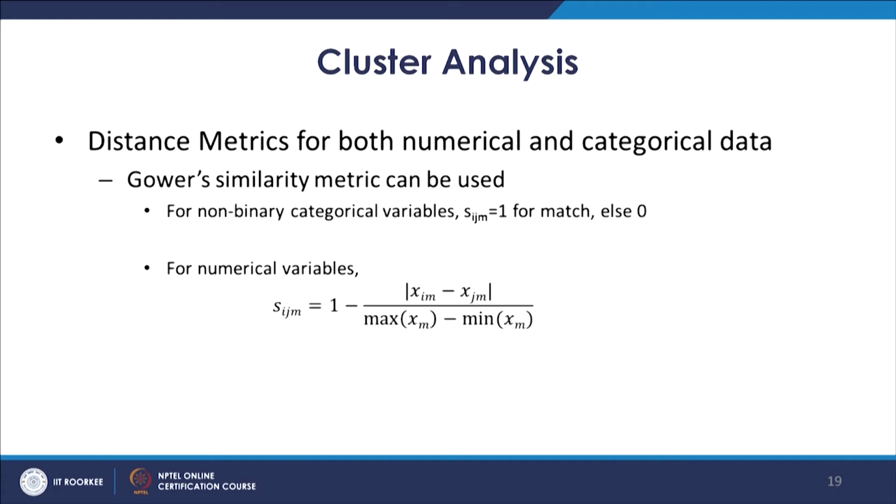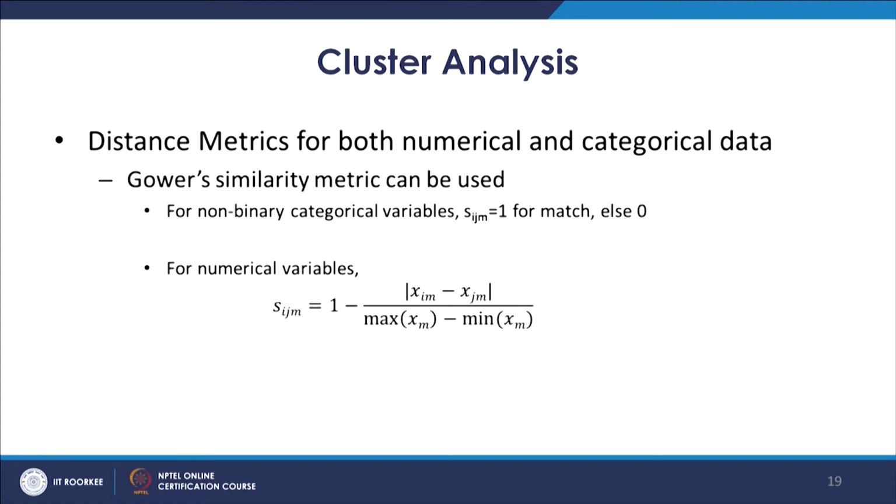So, you can see the Gower's similarity metric, and specifically for numerical variables the formula uses absolute differences to compute this value.